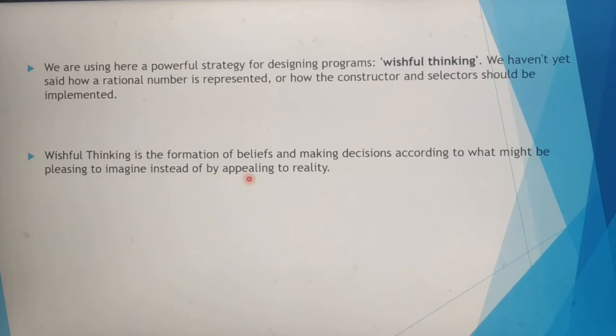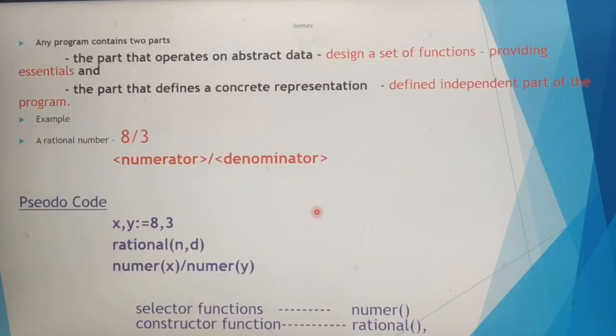Finally, we can see the summary of this video. In this video, we have seen how to represent an abstract data type with the help of rational numbers. A rational number means a ratio of numbers in the form of numerator and denominator. Each program has two parts: one is the abstract data part and the other is the concrete representation.